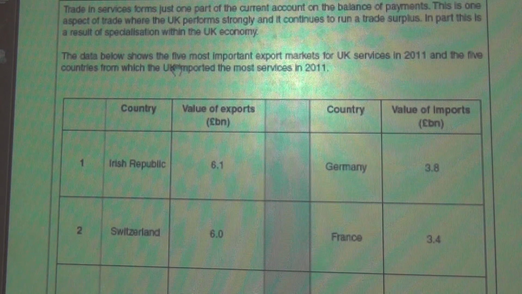We might have lower rates of inflation relative to other countries, so our goods are rising in price more slowly than elsewhere, and so people buy UK goods and services instead. It might be the case that the exchange rate works in our favour, and so the exchange rate might be depreciating, and if that was the case, our export prices would be falling, and so they'd be more competitive.